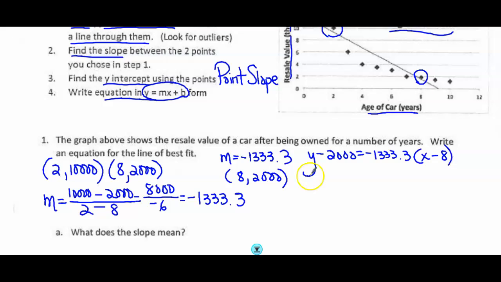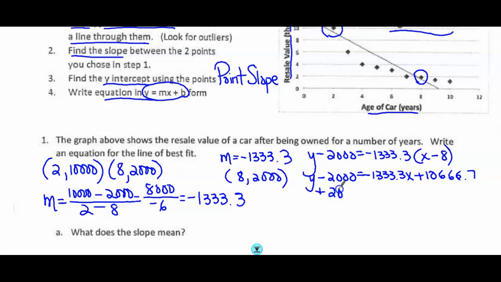We're going to distribute on the right. Y minus 2,000 equals negative 1,333.3x plus 10,666.6 repeating, so I'm going to round that to 7. Remember, this is an approximation.